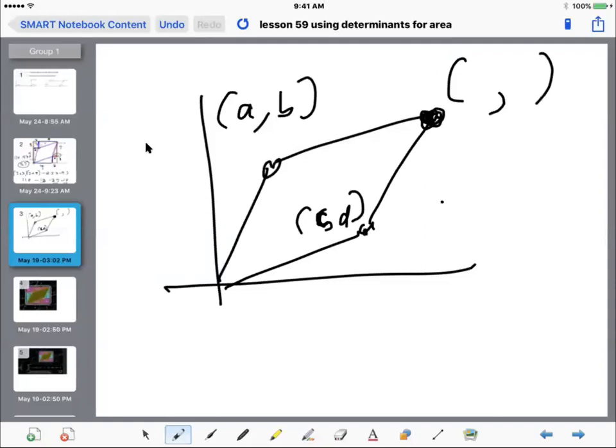It's A plus C, B plus D, because here's C, D. And because this line is the same as this line here, the same slope, same distance. So 0, 0 to A, B goes A to the right. This is going to be A plus C and B plus D.